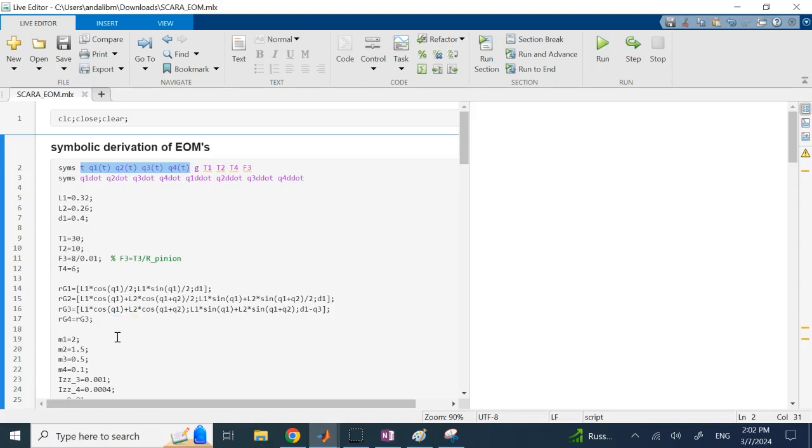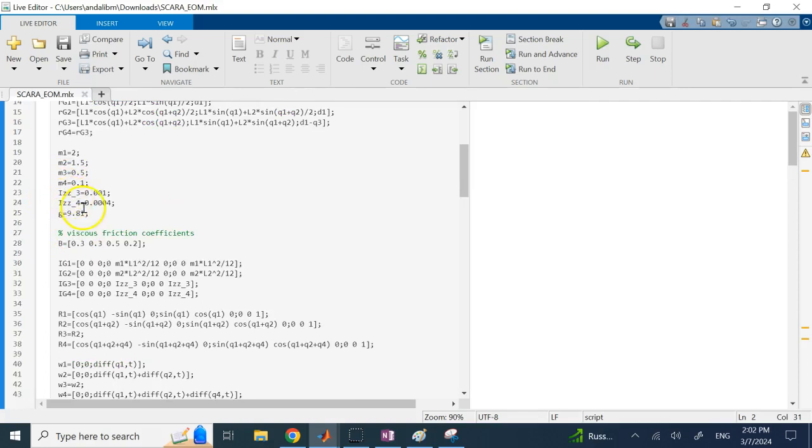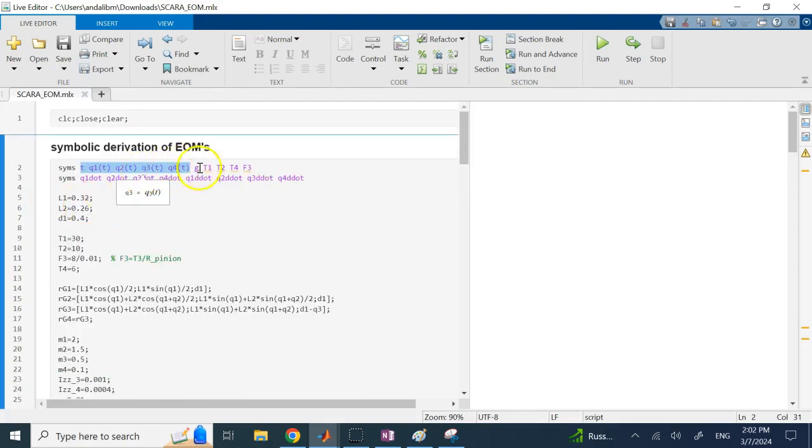Even the T's and F's do not, because I'm going to use numbers for them directly. But if you want, you can have them as symbolic, even the M's and the I's and everything. But here, since I have some of my numbers already, I can get rid of this portion, okay? I don't really need them to be symbolic.